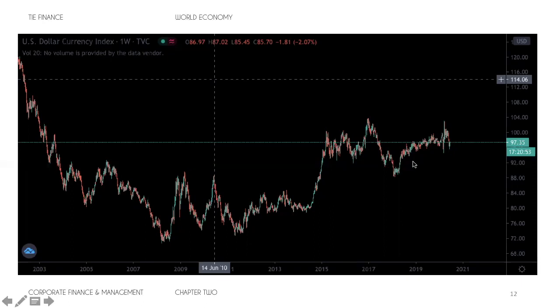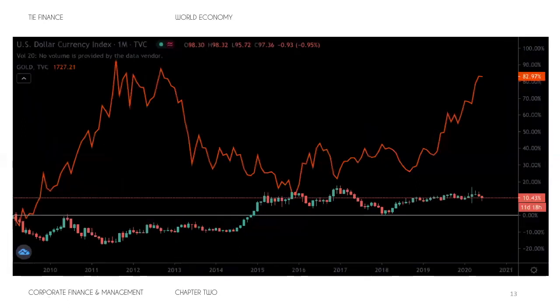I think now in this crisis, the dollar currency index, the dollar got stronger, right? With all the quantitative easing and all the money printing, well, it should go down somehow, right? And here's why gold and the dollar are connected. Here you can see a chart of how they are really connected.